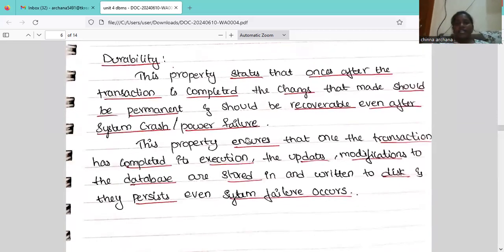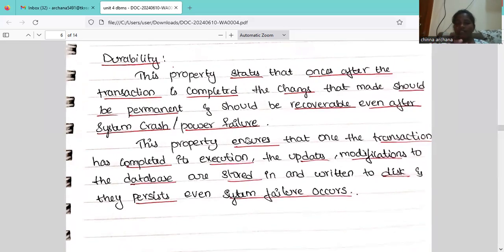So next is durability. Durability is nothing but the same thing we are discussing right now. Until and unless the commit operation has come, the changes are not made permanently to the database.